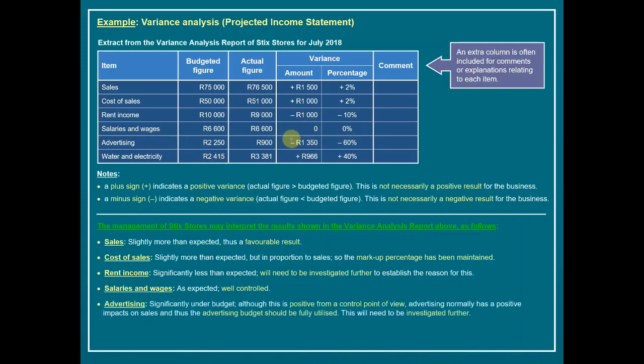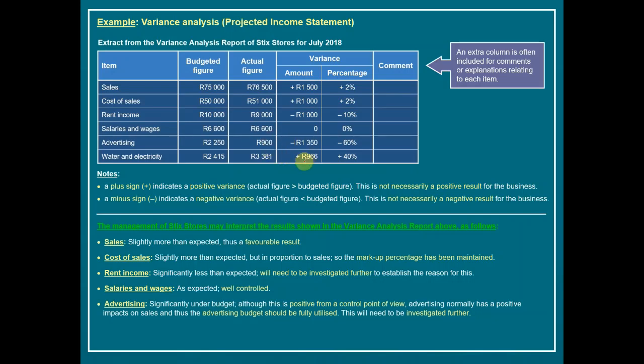Advertising, it's significantly under the budget, 60% under what we budgeted. So in the one sense, you may say, okay, well, our expense is lower, so our profit would be higher, but on the other side, it might have also been that if we used more advertising, we would even have had more sales, which would even have increased our profit more.